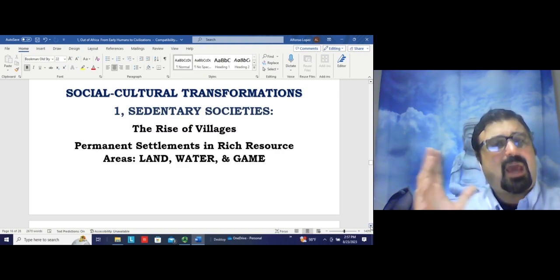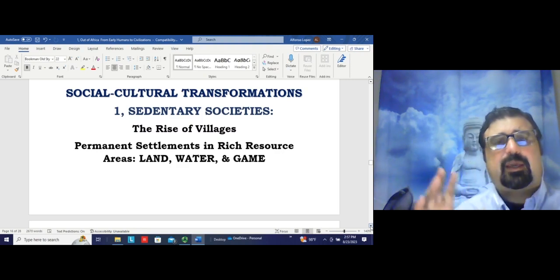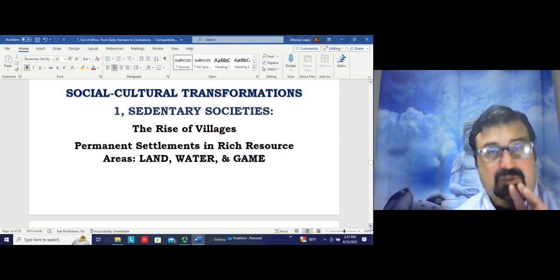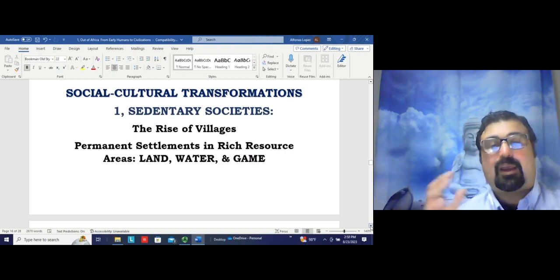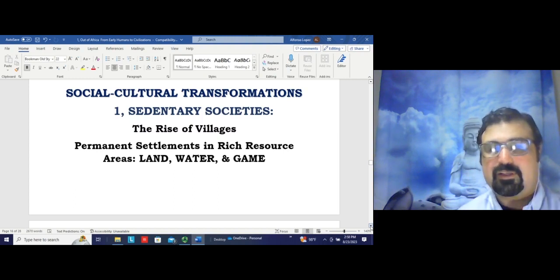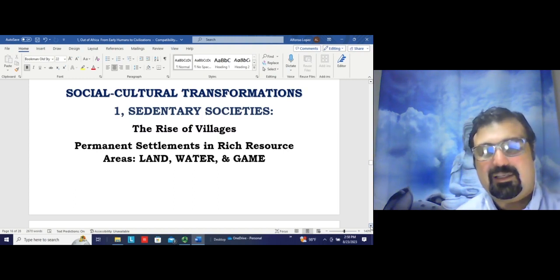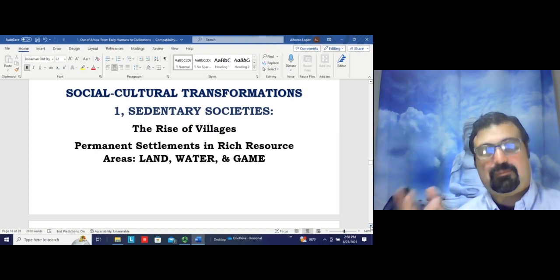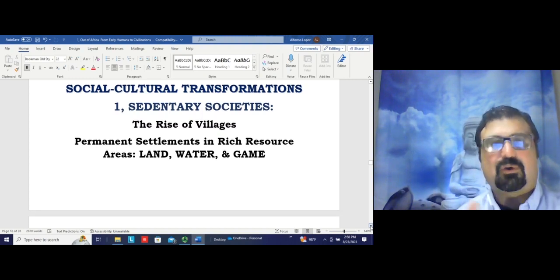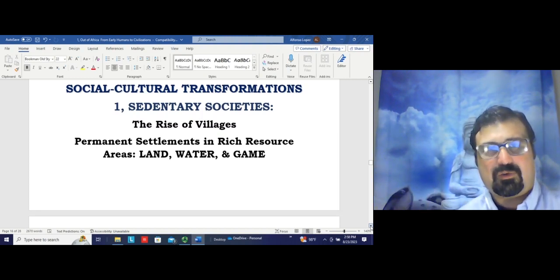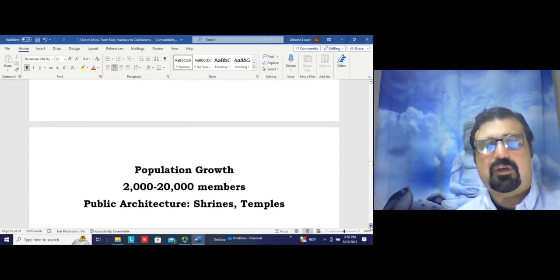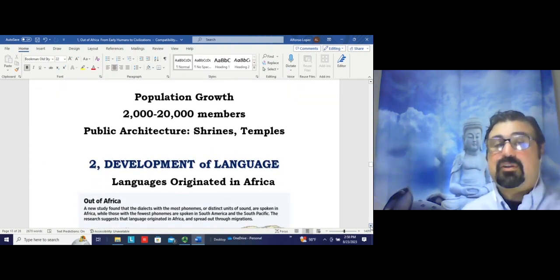Once again, we see alterations in human societies that are becoming more complex, because people are now settling, living together, and creating a community called a village. It's a permanent, again, settlement that has available land with fertile soil, sources of water, and of course wild game as well to supplement the diet. And human populations are growing now exponentially.